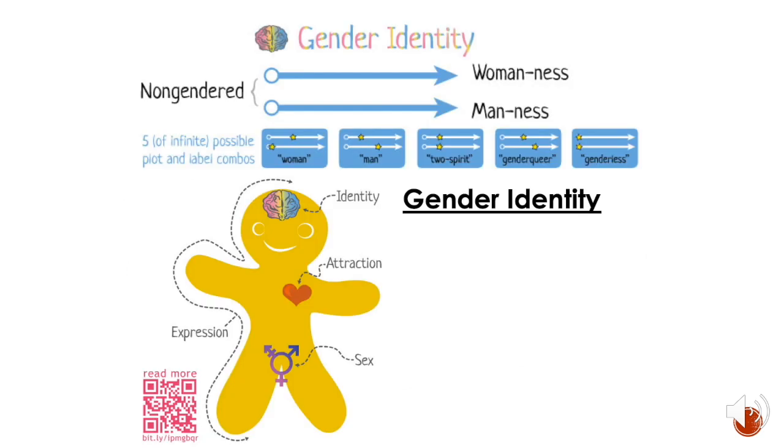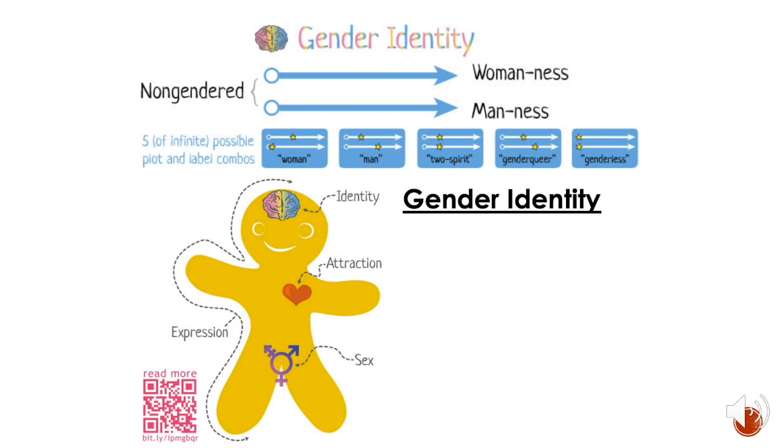So let's talk about gender identity. We live in a culture where there are certain rules about how we act or perform our gender, and so we need to look at how that contributes to how we identify. If we look at this picture, we see that typically we act out gender by identifying as woman or man, but that isn't the limit to how people can identify or express themselves.